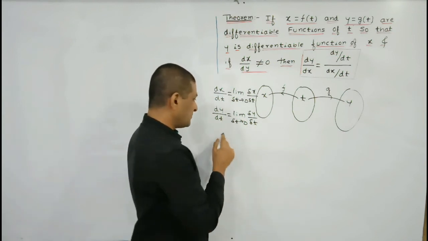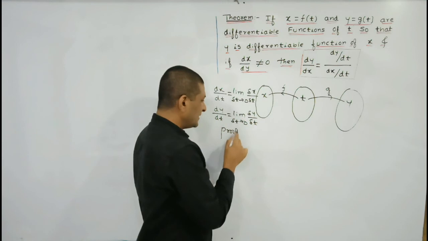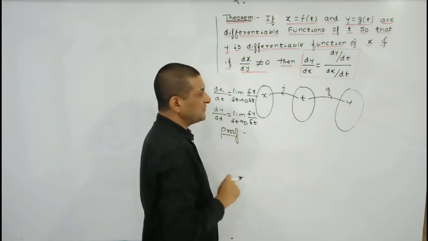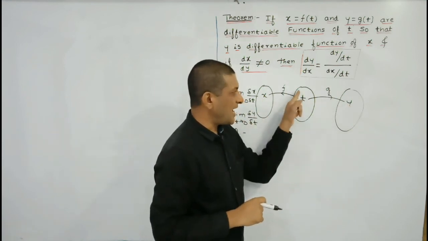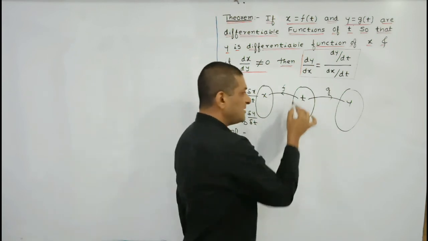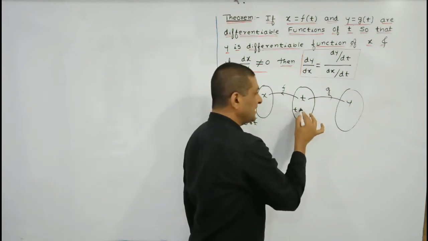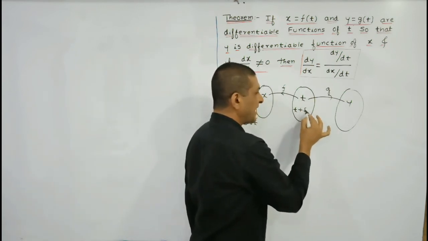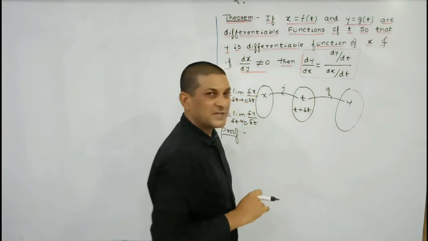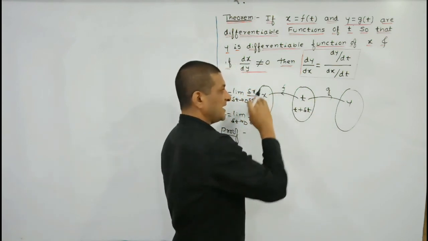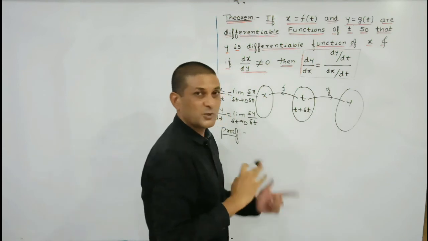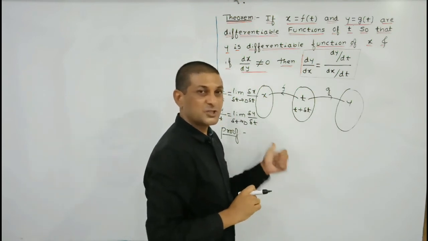Okay, so here is the proof. Already it is given to us that x and y are functions of t. If the value of t changes, let us denote the increment in the value of t by delta t. If the value of t changes, then correspondingly x also changes and y also changes, because x and y are functions of t.